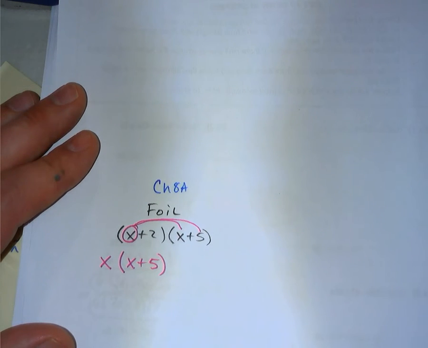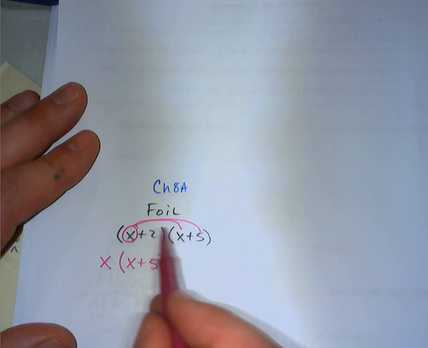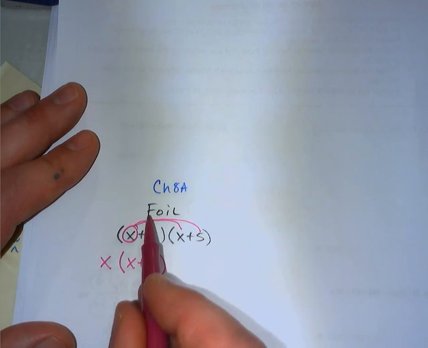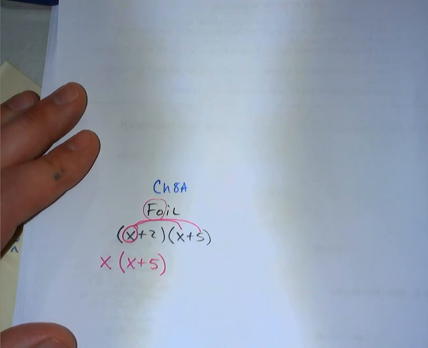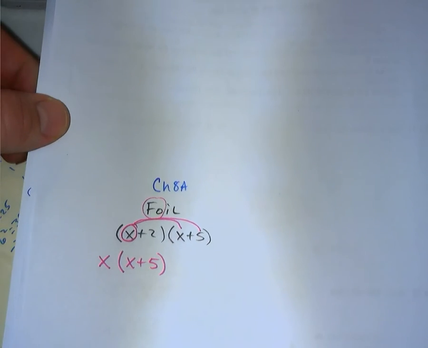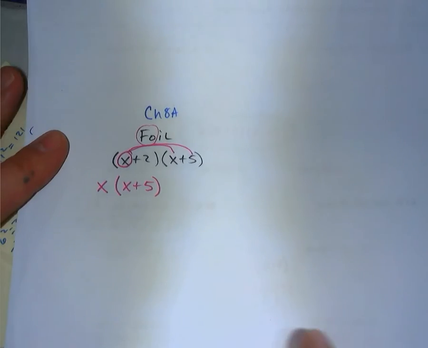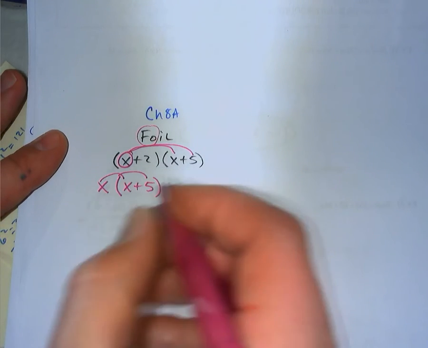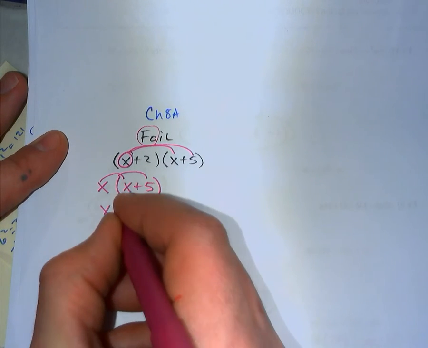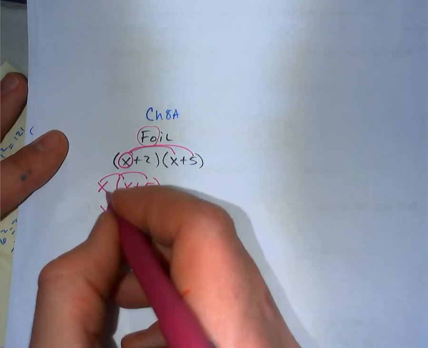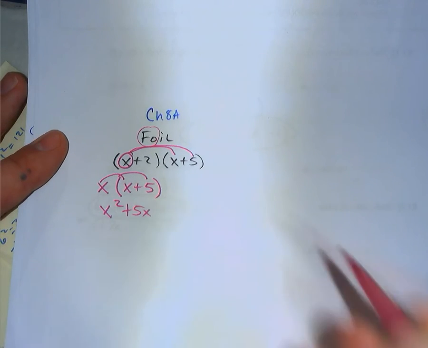You guys agree with that? So when you do your first term and your outside terms of F and O, that's what that's doing, right? And the distributive property says that's x times x is x squared, and x times 5 is 5x.